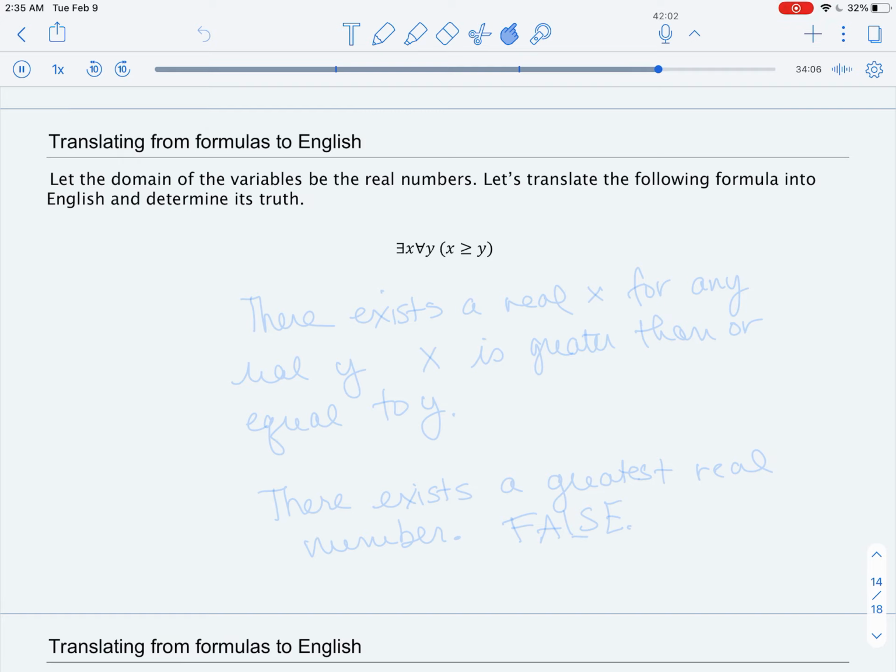So that would mean there exists a real number x such that for any real number y, x is greater than or equal to y.